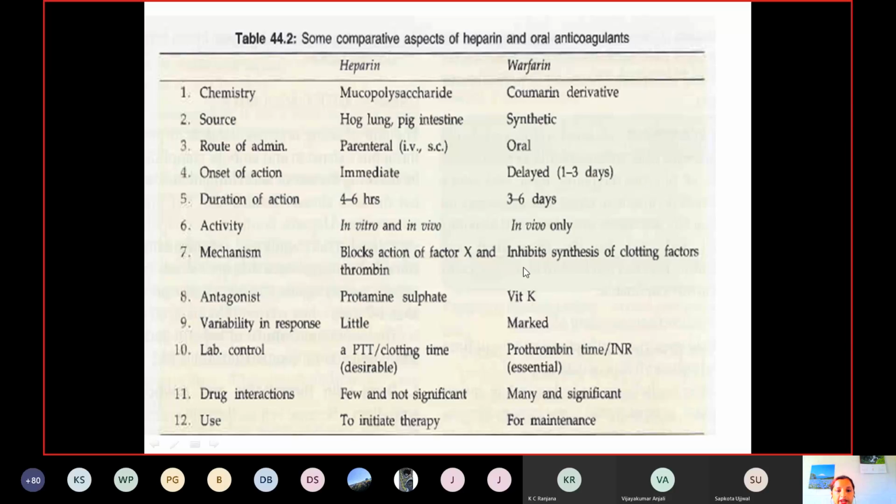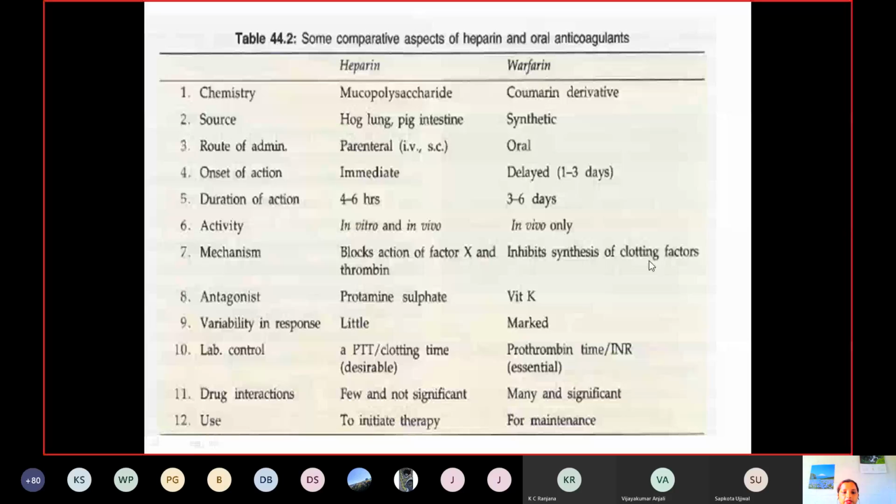Mechanism of action is different. Heparin blocks the action of factor 10 and thrombin indirectly, by enhancing the action of antithrombin 3. Whereas warfarin inhibits the synthesis of vitamin K dependent clotting factors 2, 7, 9, and 10. The antagonist is also different.